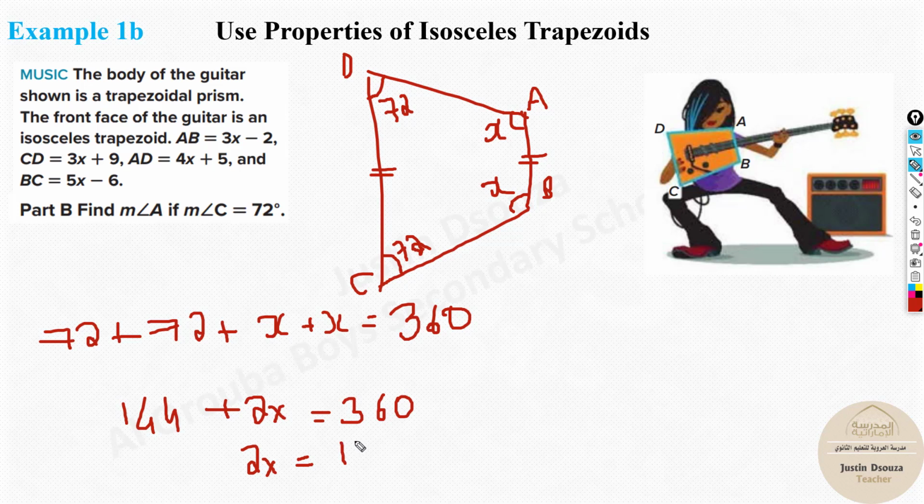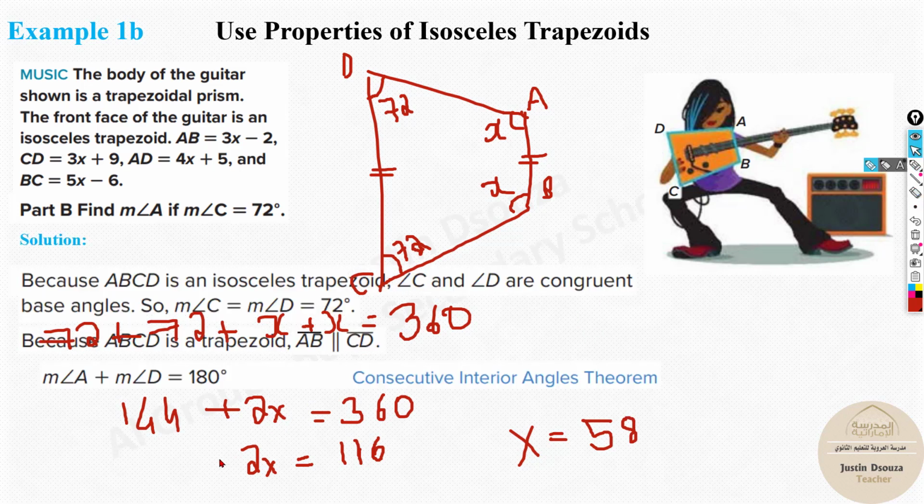I'll write it directly. It will be 216. I hope this is correct. Now just divide both sides by 2 and you will get the answer. x will be equal to 58. Something is fishy.